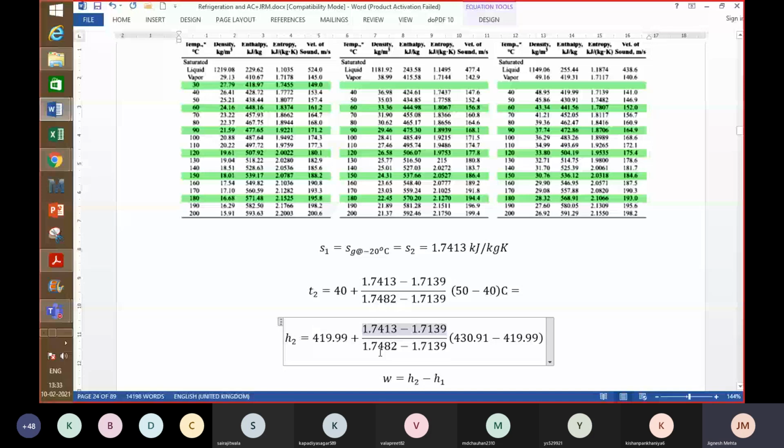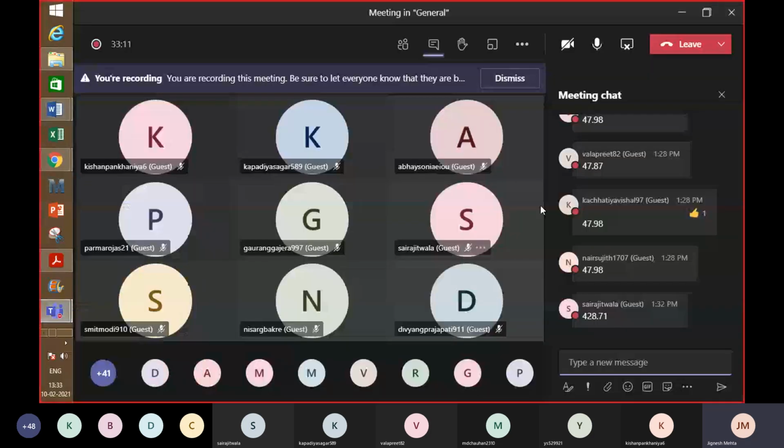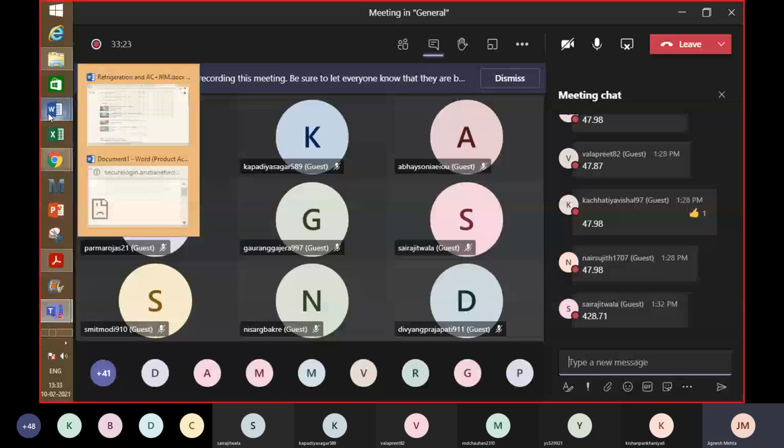So it is 428.71. Okay, as per Sairaj it is 428.71. So you get the enthalpy at 0.2.